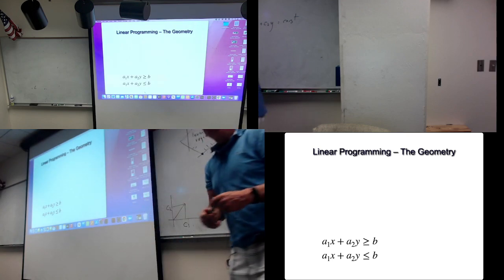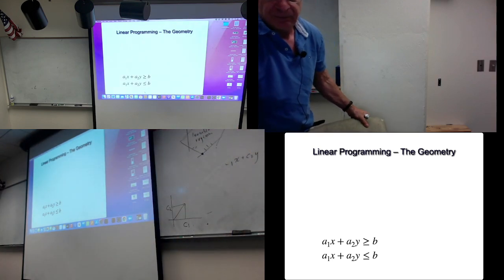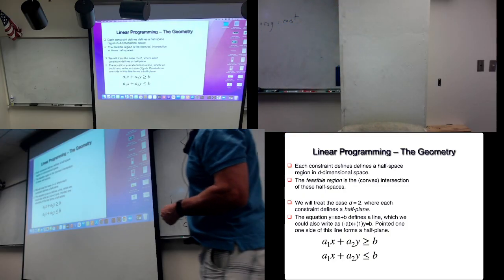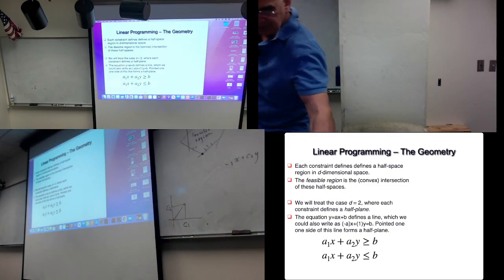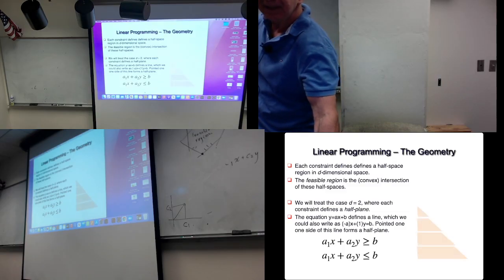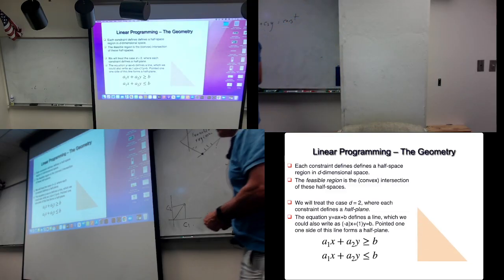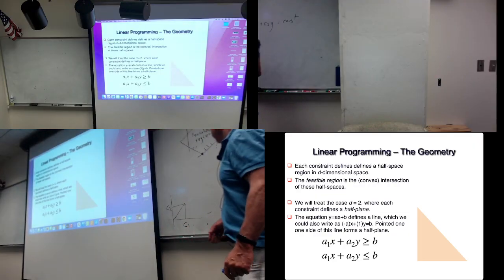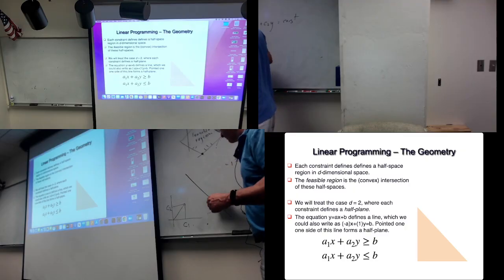Okay, let's talk about linear programming geometry. So each constraint defines a half space. What is a half space? A half space in 2 dimensions is just a half plane.